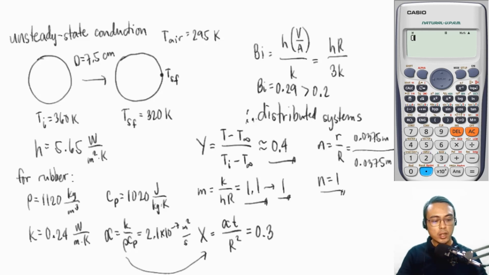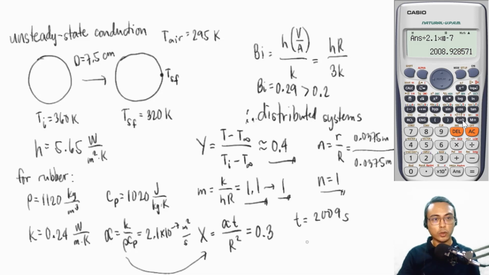That is simply 0.3 multiplied by R squared, 0.0375 squared, divided by the thermal diffusivity alpha, 2.1 times 10 raised to negative 7. The time it will take to achieve our desired temperature change from 360 Kelvin to 320 Kelvin at the surface is around 2009 seconds.